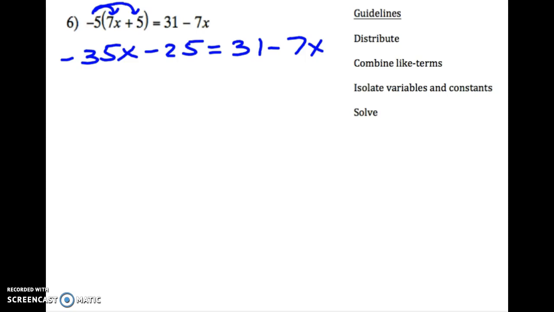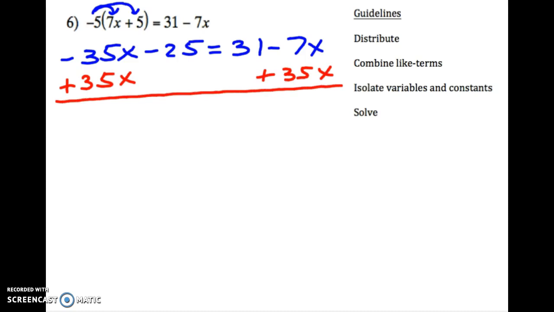Once again, I prefer to work with positive coefficients on my variables, so I'm going to add the 35x to both sides. And this should give us a positive 28x.